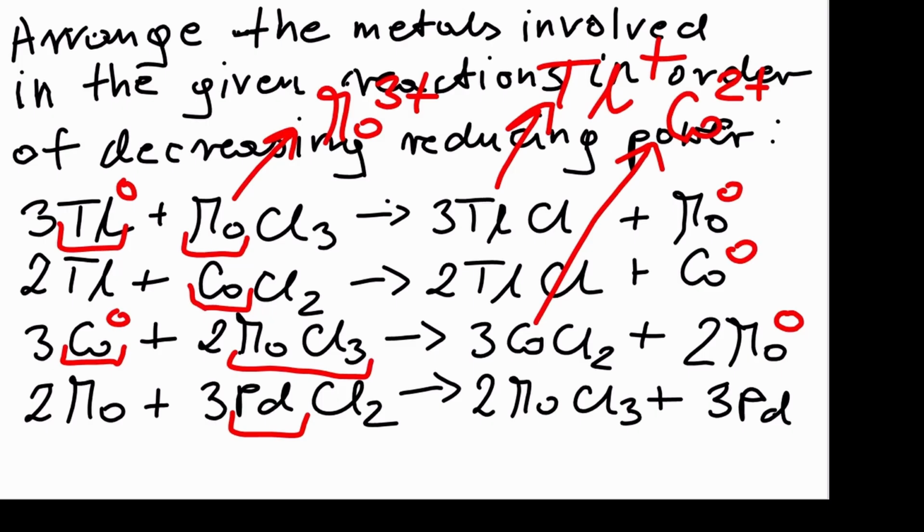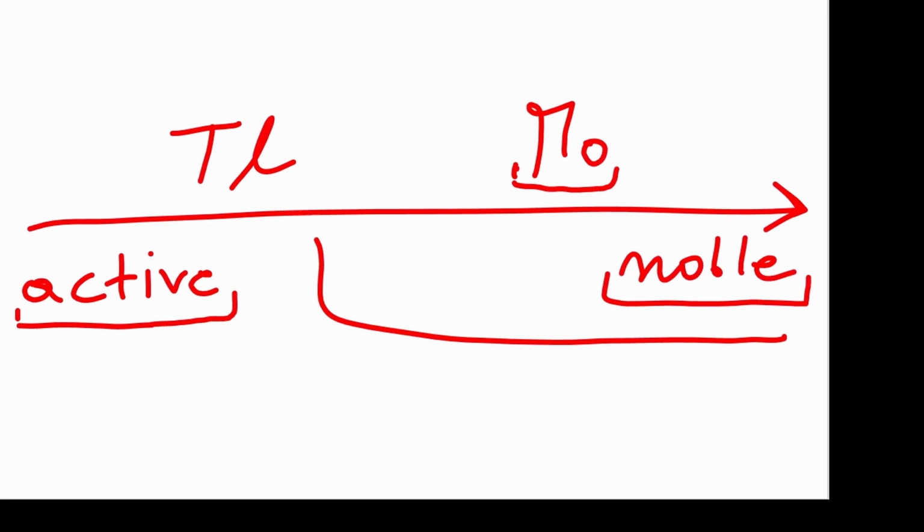So according to the third reaction, we are sure that the cobalt in comparison to molybdenum is much more active. However, from the second reaction, we know that the cobalt is more noble than thallium. So we could place the cobalt between thallium and molybdenum.